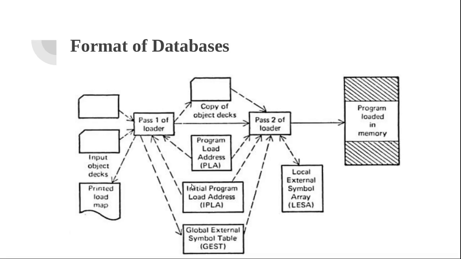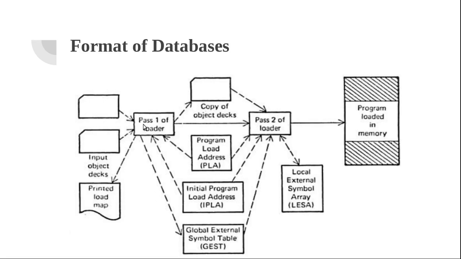That is the initial program load address, which tells the loading address for the first segment, and the program load address counter, to keep track of all the segments' assigned locations. Then it will output a global external symbol table.